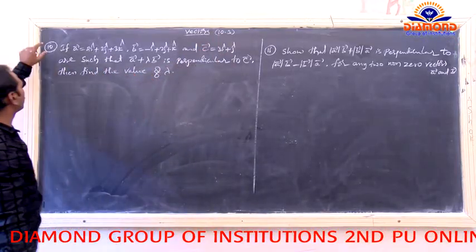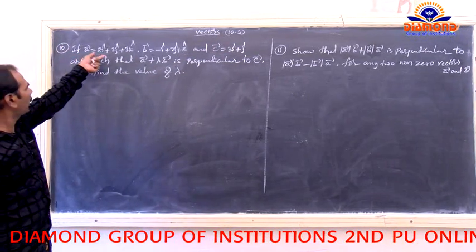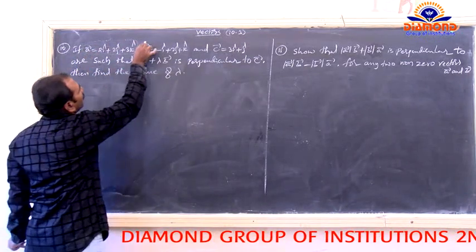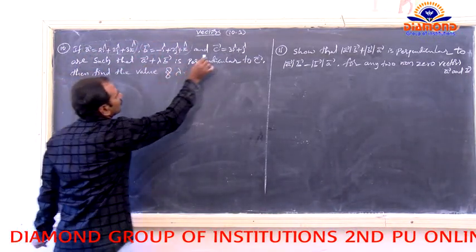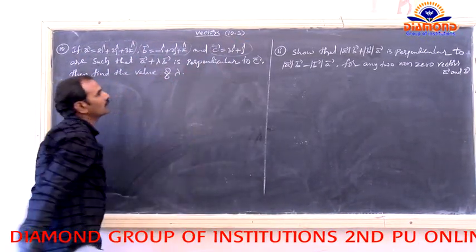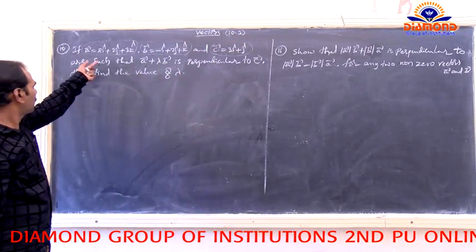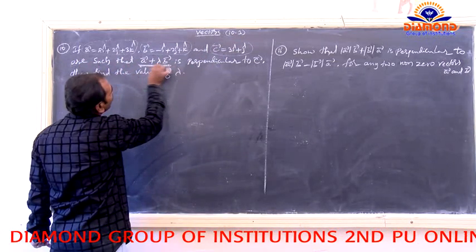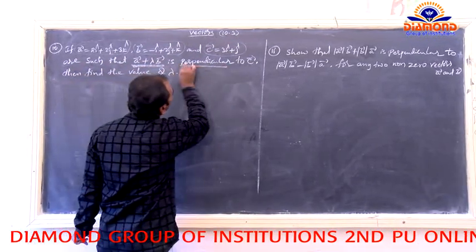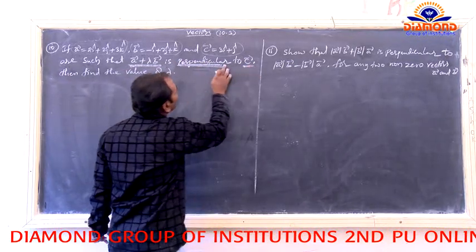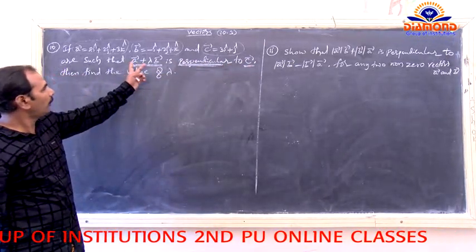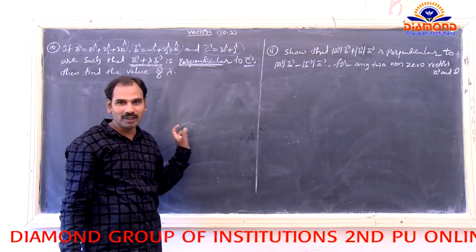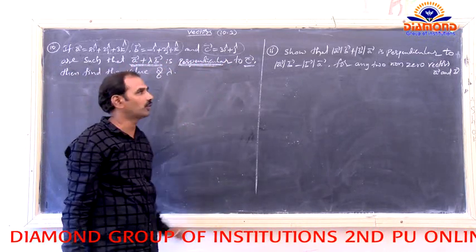10.3 exercise, question number 10. If A bar equal to this vector and B bar equal to this vector and C bar equal to 3i plus j are such that A plus lambda B is perpendicular to C. Perpendicular means dot product is 0.